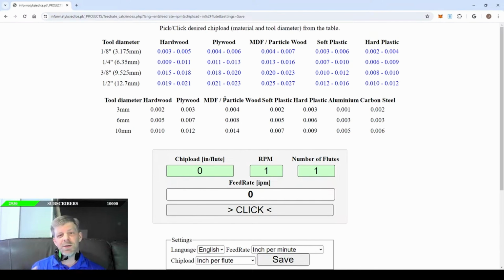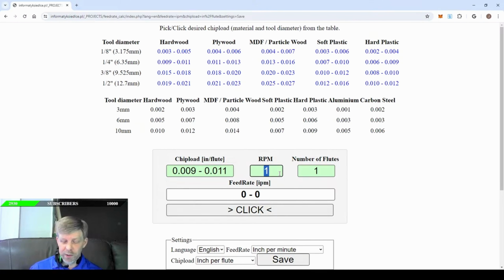But if you look at these charts, and I'm just going to select a 1/4 inch, and we're going to look at hardwoods. And if you go with industrial standards, which is a chip of 0.009 to a range of 0.011, and then the chip load chart wants how many revolutions we're spinning per minute.